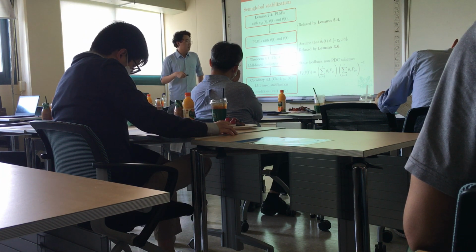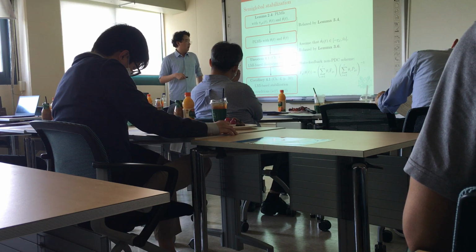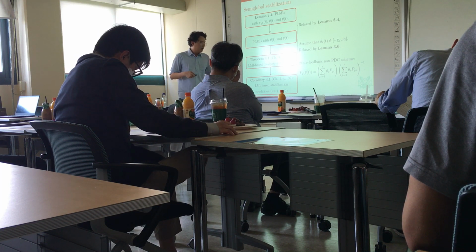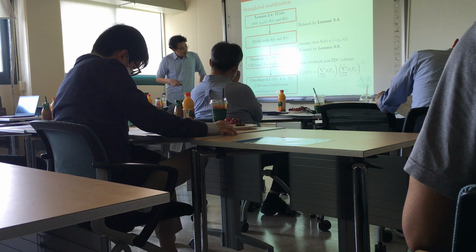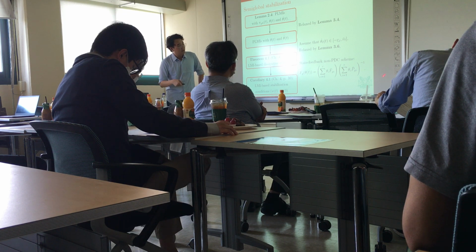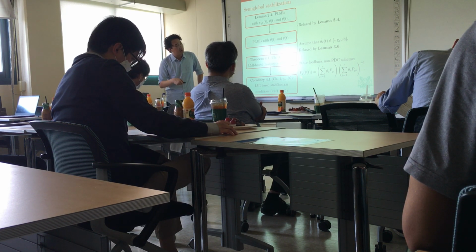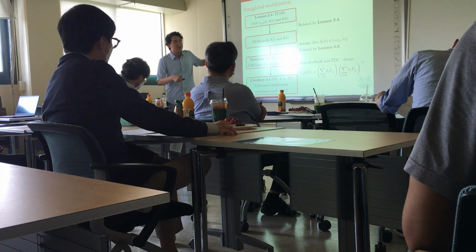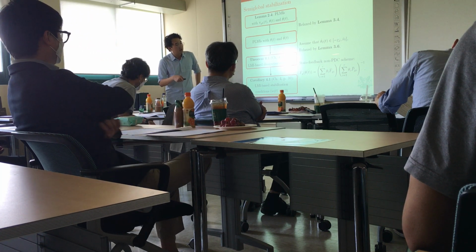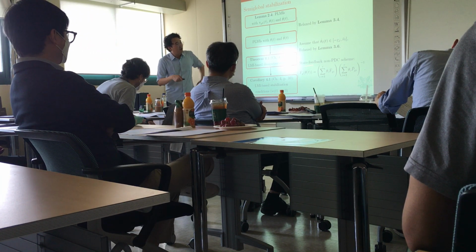Here is the distributive condition formulated in terms of LMI. In the case where there is no disturbance, we can obtain Corollary 4.1. There is also the non-PDC scheme that we will introduce later.